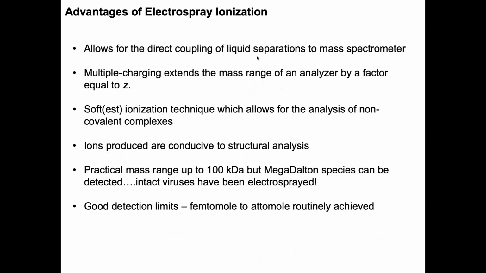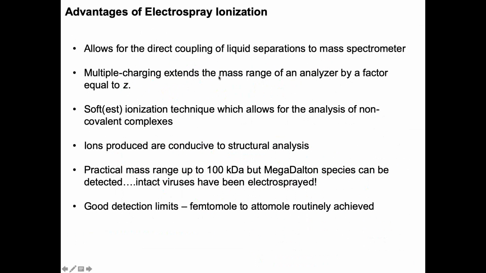People for years have wanted to couple LC up to mass spec. They were stuck with UV vis, fluorescence, whatever the case may be, and they wanted that molecular specificity that mass spectrometry offers, but they were stuck because they didn't have a very effective way to ionize things. And so that's why electrospray really transformed not only mass spec, but also the whole biological mass spec as well.